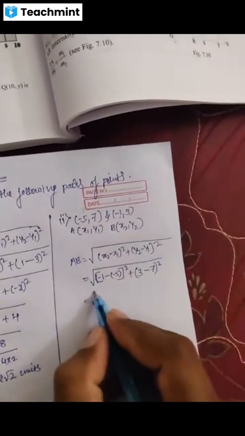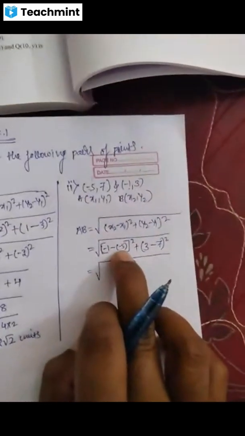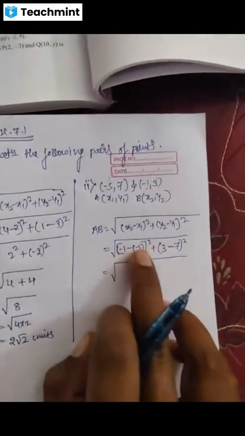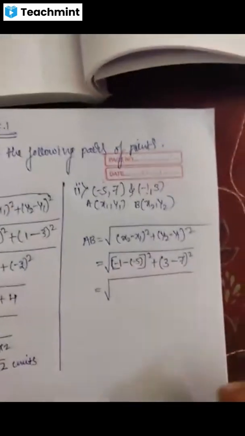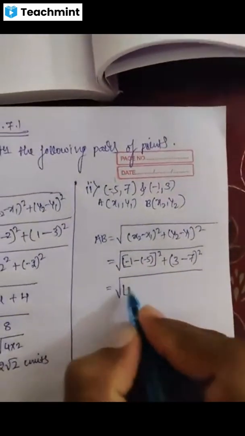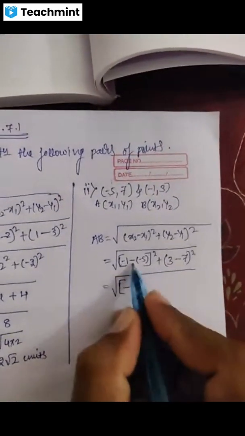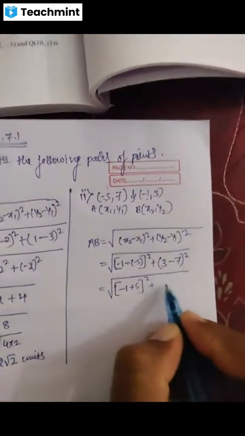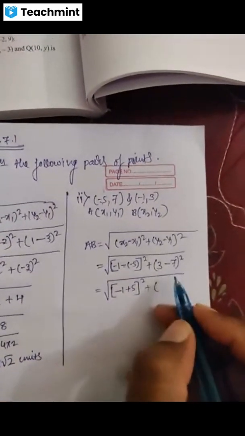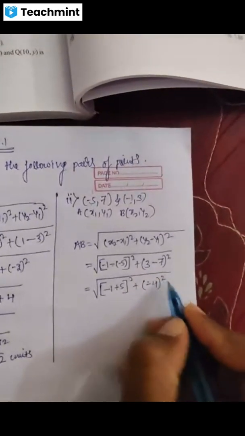If any minus sign comes in the simplification, keep that in a separate bracket. It will be dangerous otherwise. Minus sign, take care of it. So (minus 1 minus of minus, plus 5) whole square plus (3 minus 7, which is minus 4) whole square.